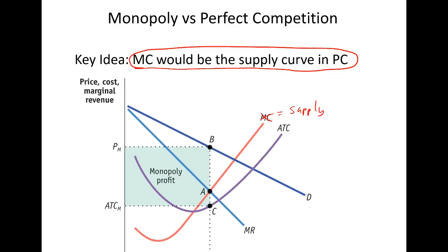And now we can analyze what would actually happen in a perfectly competitive world for this exact same situation. So instead, now we're replacing the monopoly with a bunch of smaller perfect competitors. We have our demand curve here, which is the market demand. We have this swoosh, which would be the supply curve. Well, in a supply and demand model, how do you find the price and quantity? It's easy. It's where the supply intersects the demand.